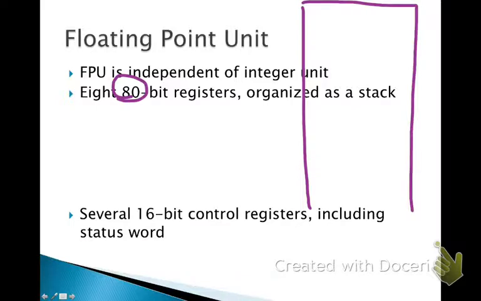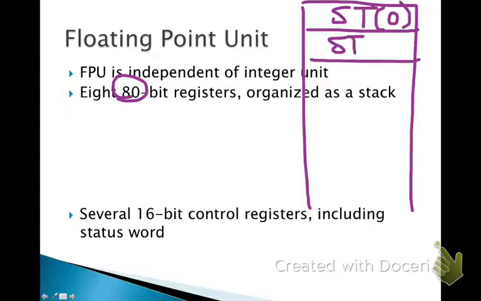So most of the instructions are going to operate on some part of the stack, where the top of the stack is the stack top, or could be numbered register 0, stack top, or stack 1, stack 2, and so on.